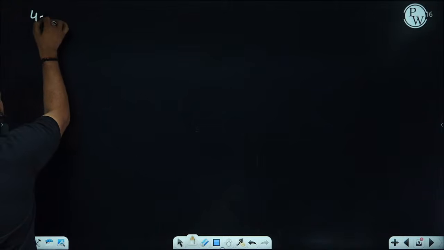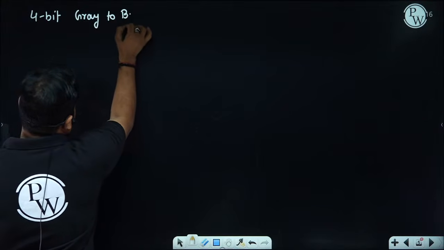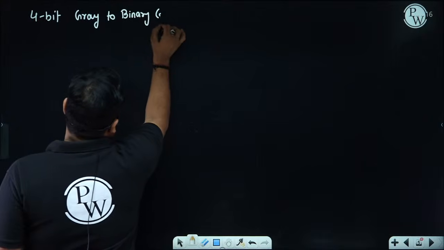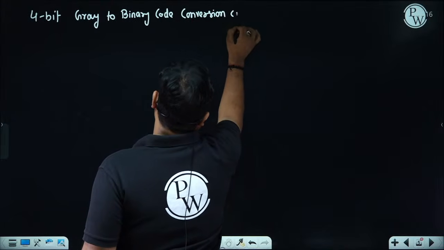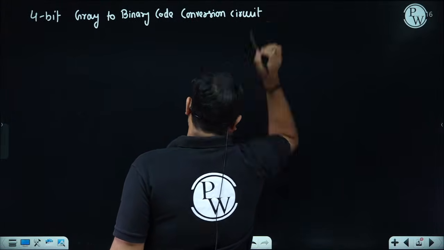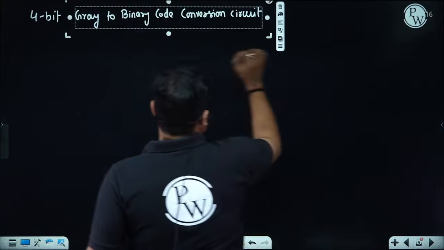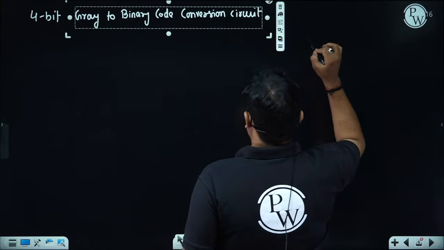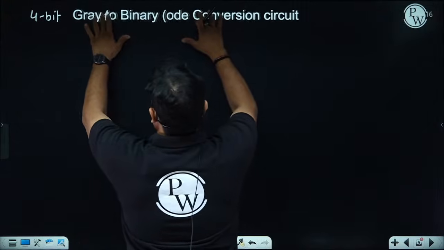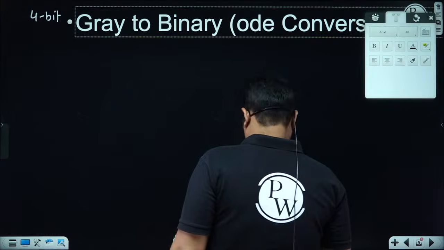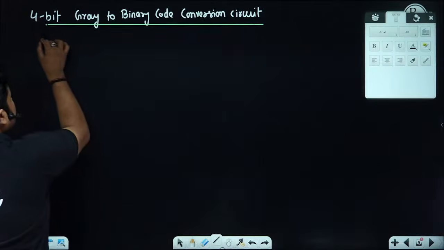So, a 4-bit gray to binary code conversion circuit.